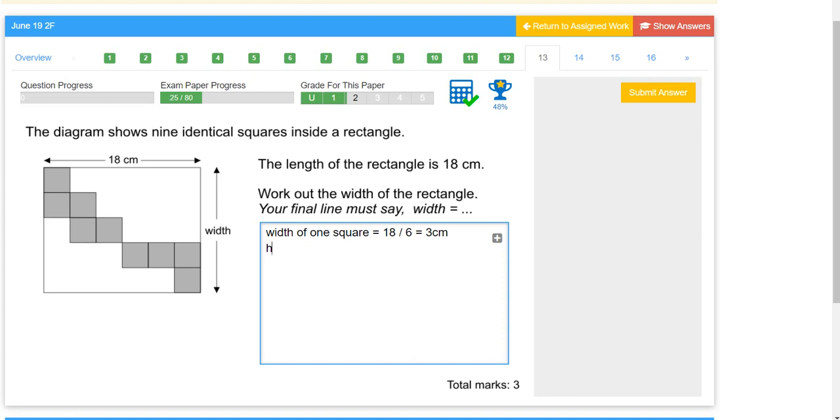And therefore, the height of one square, because it's a square, is going to be the same. It's going to be 3 centimeters. So in terms of that width, well, how many are there going to be? Well, I can see there's 1, there's 2, 3, 4, and 5.